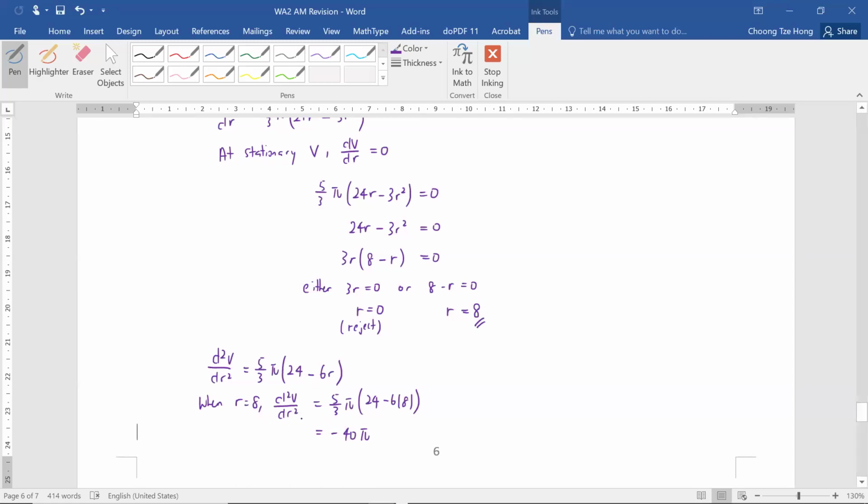So d2V/dr squared is a negative value. So it shows that when r is 8, the volume will be a maximum. Let's just conclude over here. Since d2V/dr squared is less than 0, when r equals 8 dm, V will be a maximum. Not too difficult for this question.